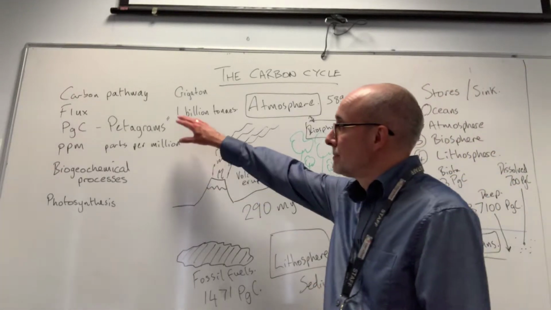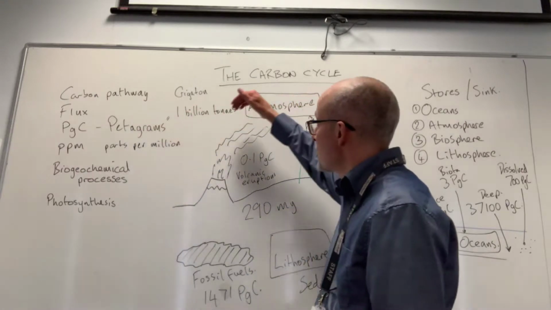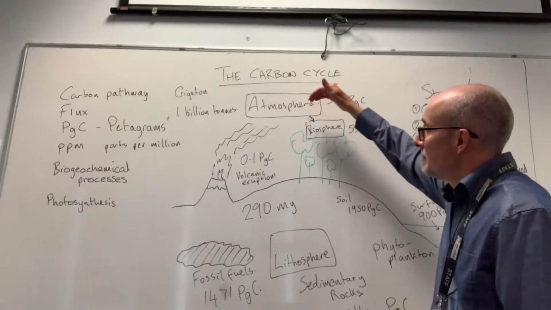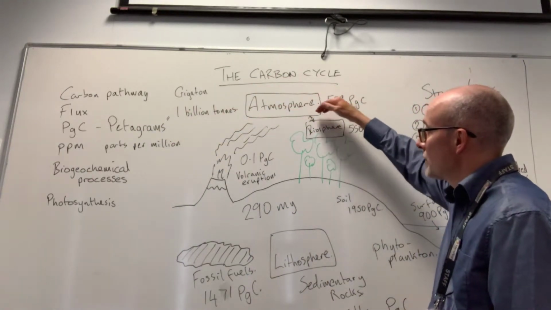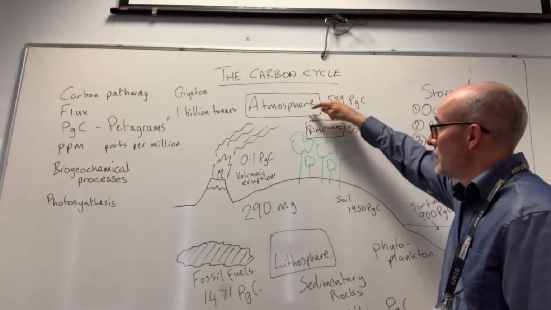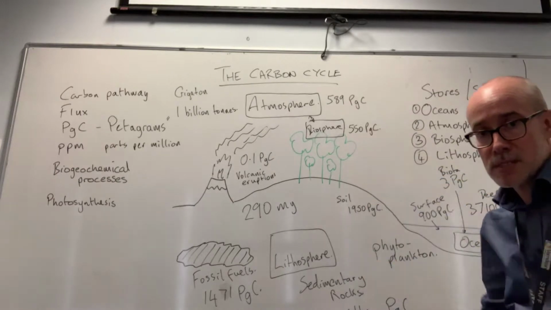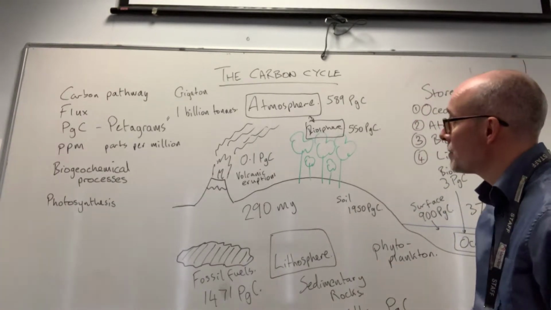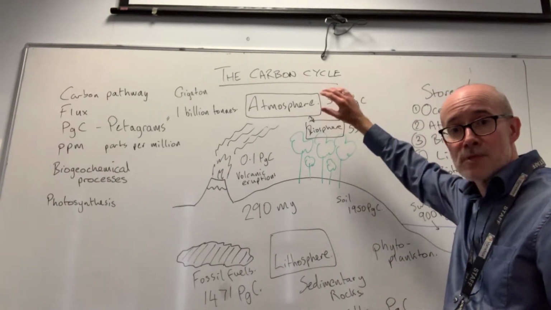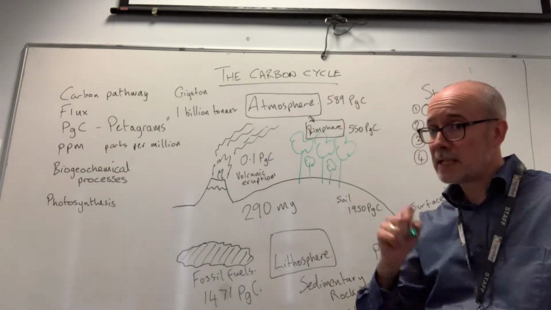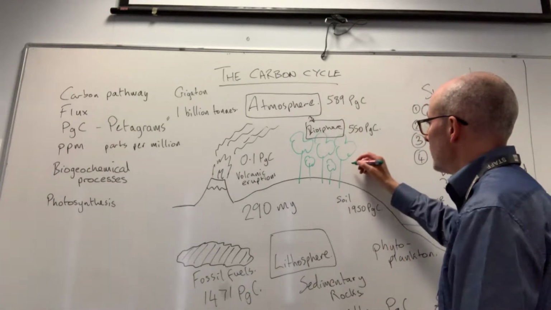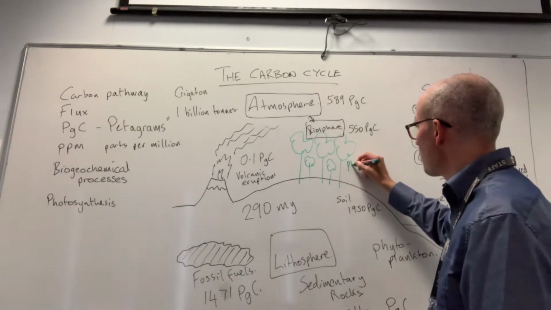The other terms that we've got here: a pathway is really just the movement it's making from one store to another. So from the atmosphere to the biosphere, we might call that a carbon pathway through the process that's going on. So the process that would take carbon from the atmosphere to the biosphere would be, oh yes, that's right, photosynthesis.